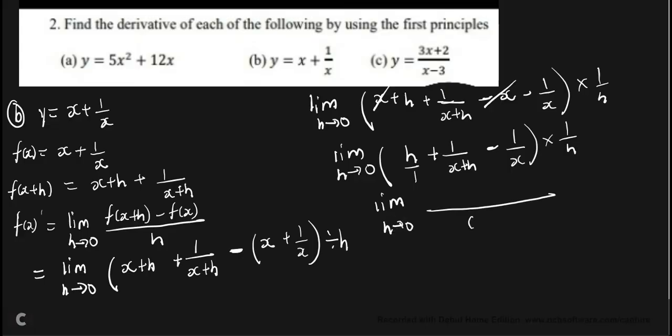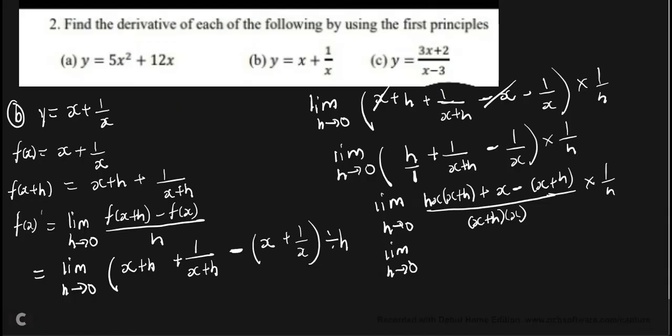Then the other thing that you need to do is find the common denominator, which is x plus h, then x. This one into here, it is everything there, right? Which is hx, then x plus h, and there it is just x, there it is x plus h, times 1 over h. Then you say limit as h approaches 0.